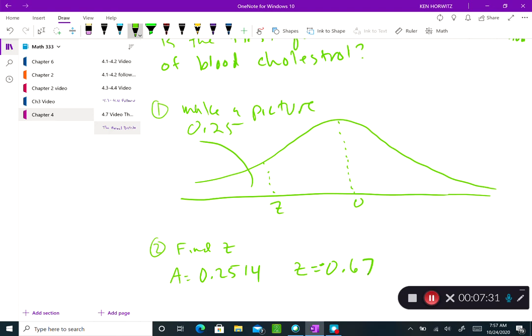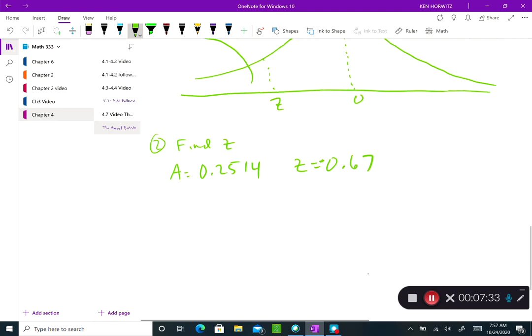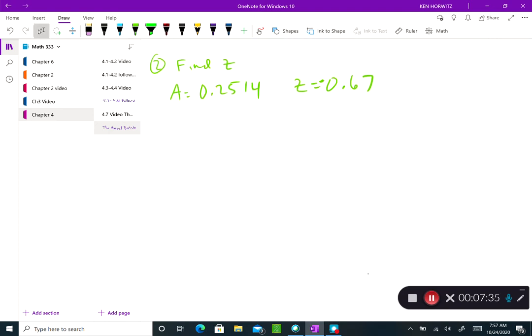All right, so now I found z. Now I have to go backwards and find what level of cholesterol gives us the corresponding z. So for step 3, we're going to find x, because in our z formula, the x value was the value in the last problem that we were looking for.